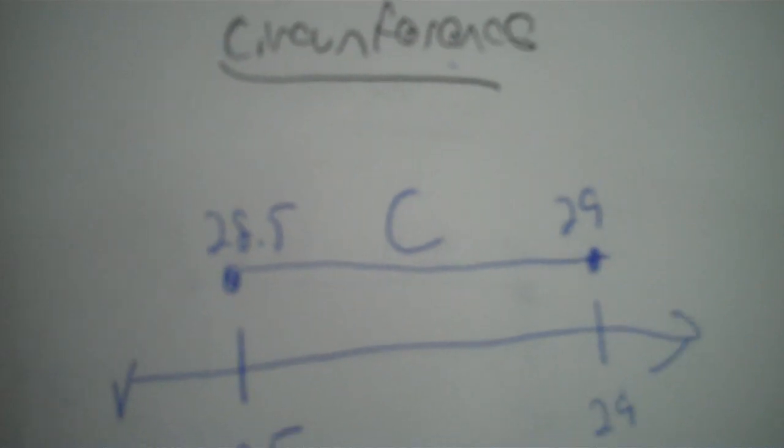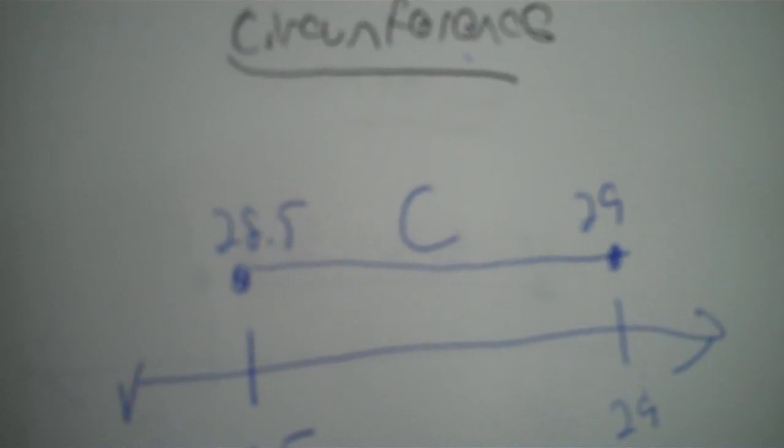Remember, they both have to be less than signs. And I'll illustrate that again. If you pick a number between those, like let's say 28.7, that's bigger, eats that, that's bigger, eats that. So that is why they're both less than. Equal to as well. You need to put the equals signs, because those circles are closed.